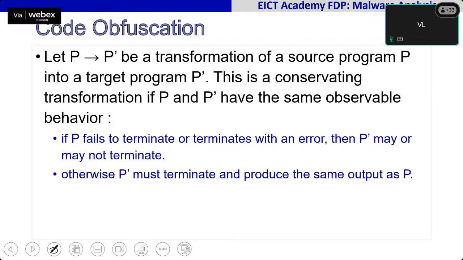So if for a given input P terminates, P dash must also terminate. If P does not terminate, then P dash may or may not terminate, because it doesn't matter if the original program is not able to terminate on some particular input, which may or may not have been foreseen by the developer. So it doesn't matter if the equivalent program terminates or not.